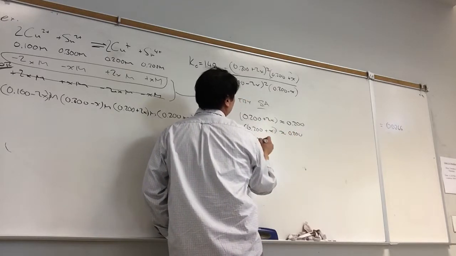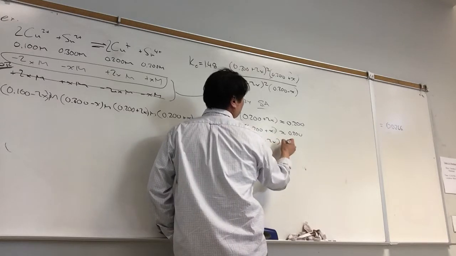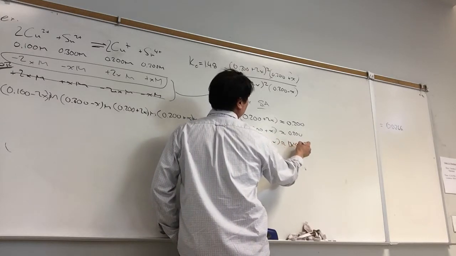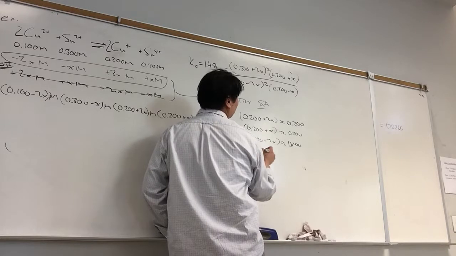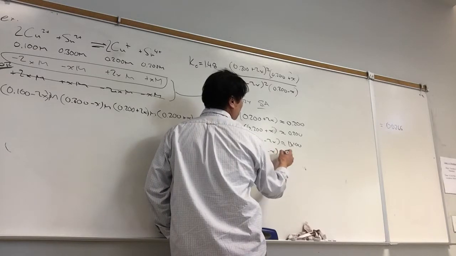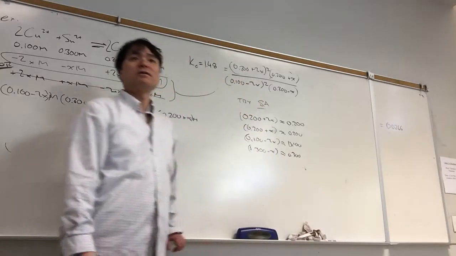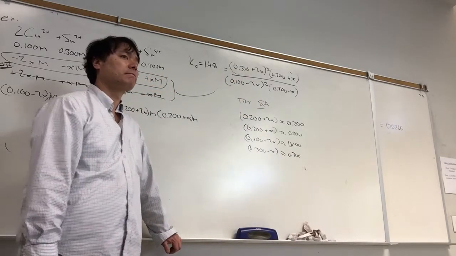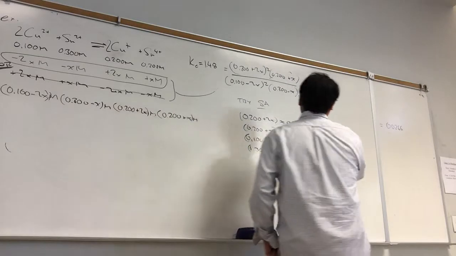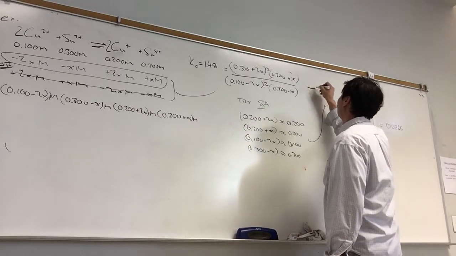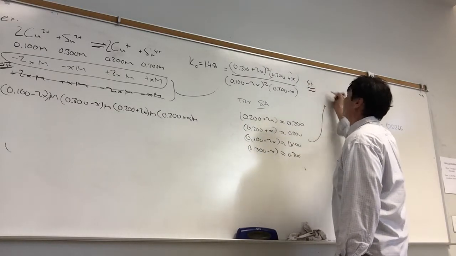And the 0.100 minus 2x should be about 0.100. And the 0.300 minus x is about 0.300. So we try the simplifying assumption, and that's going to make the math way easier, right? So we just do the SA.